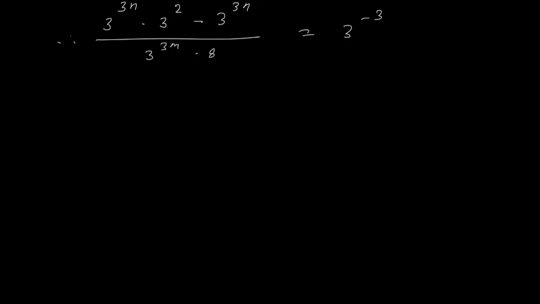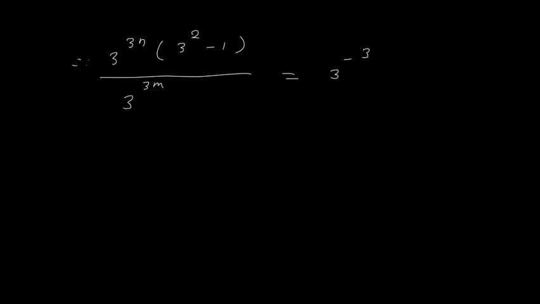Now this 3 power 3n we will take common. Inside we have 3 power 2 minus 1, divided by 3 power 3m. On the right hand side we have 3 power minus 3.